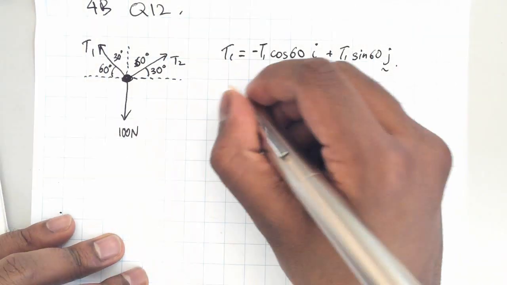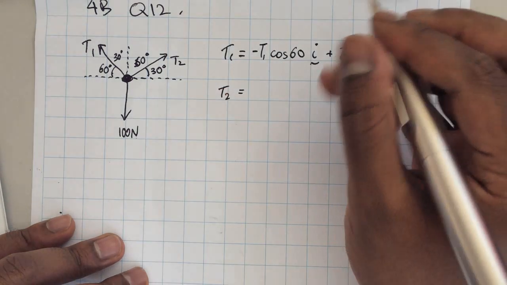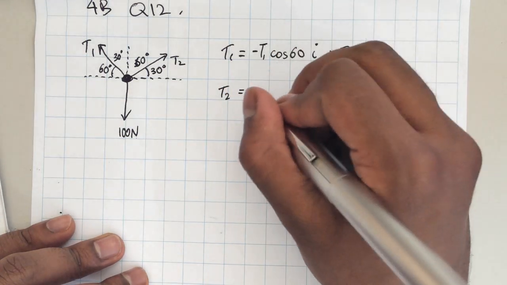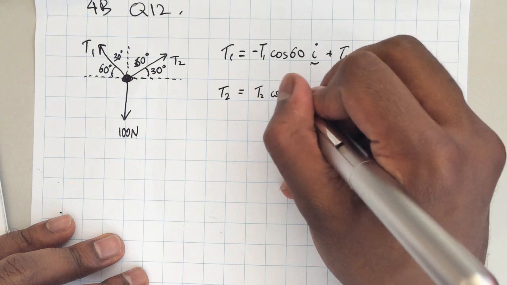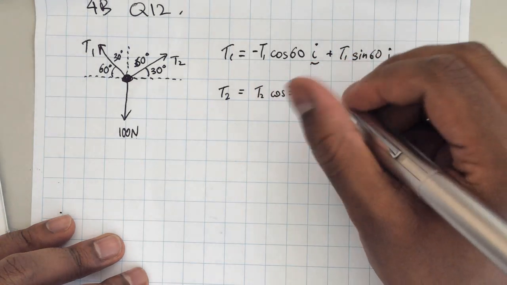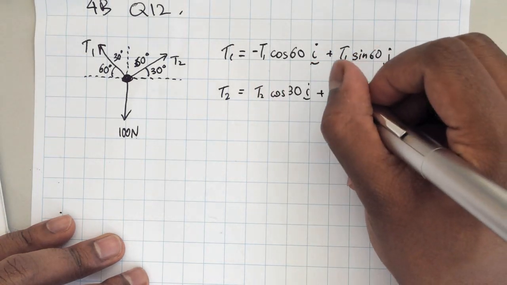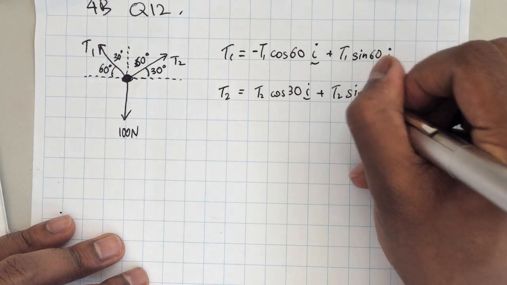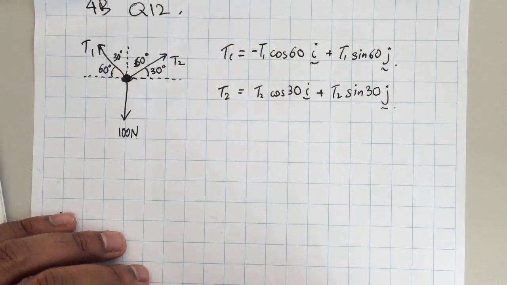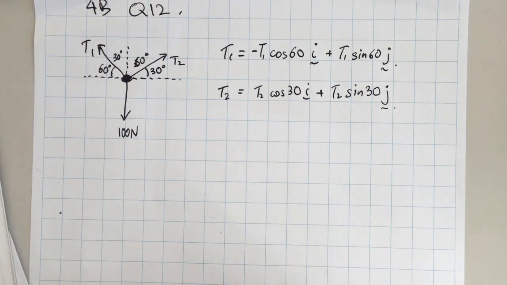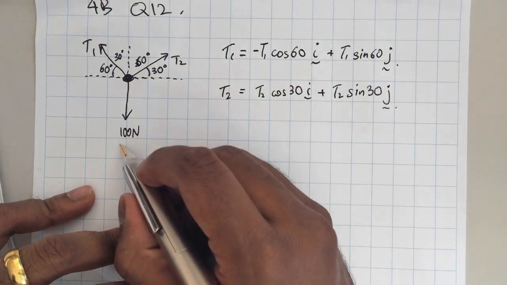Alright, now let's do T2. So T2 is positive a number times cos 30 I plus the same number times sine 30 J. Everybody following so far? Okay. Let's look at this guy over here.